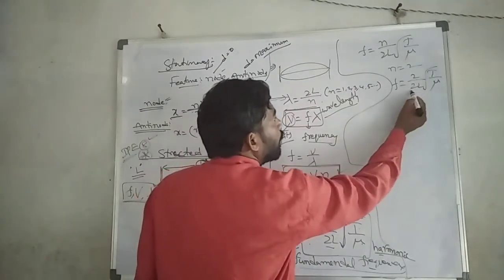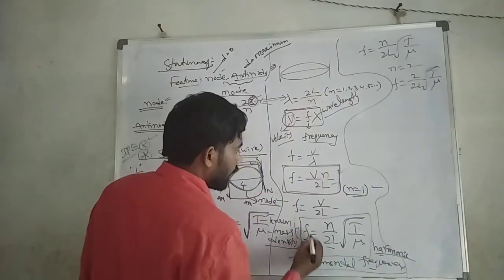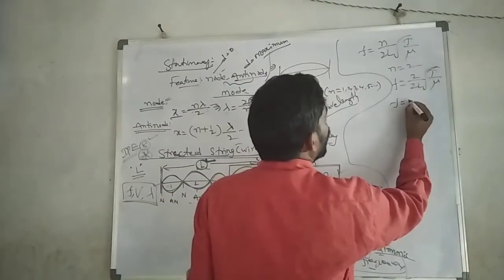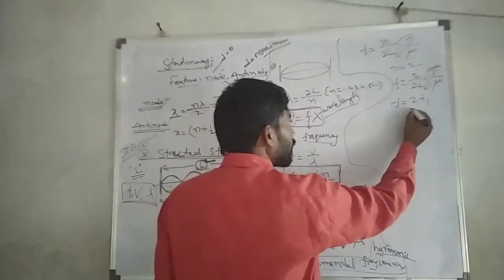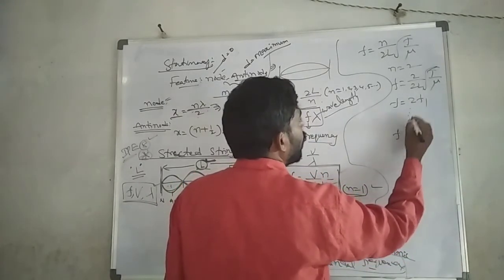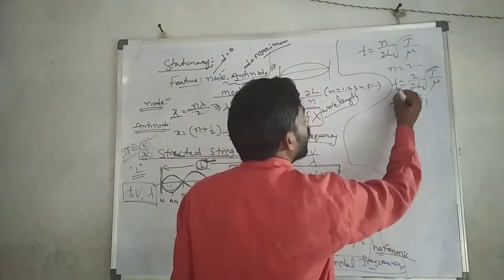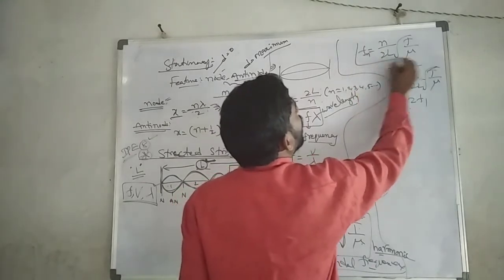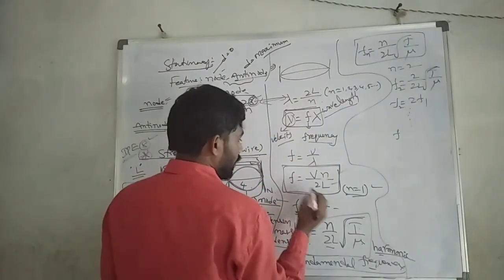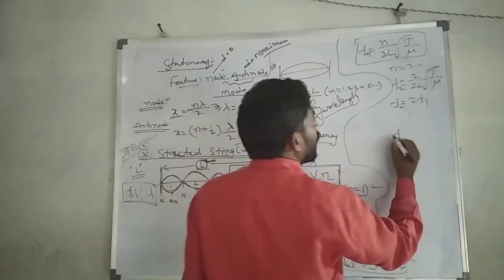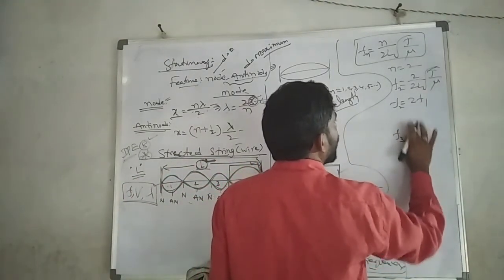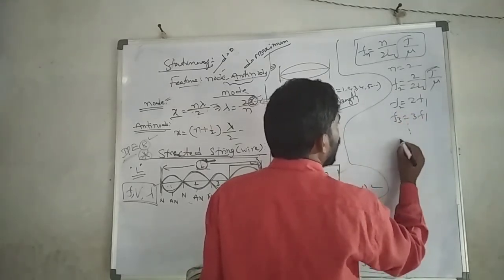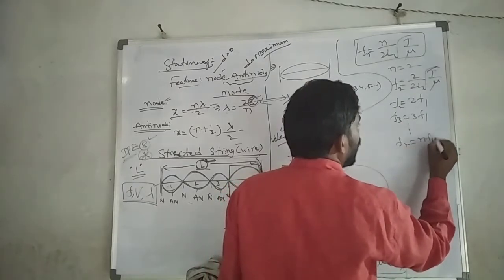But 1 by 2L times root of T by mu we generally take as F1. So F2 equals 2F1. Similarly F3 equals 3F1, and so on. Fn equals n into F1.